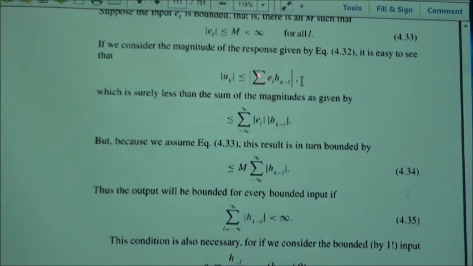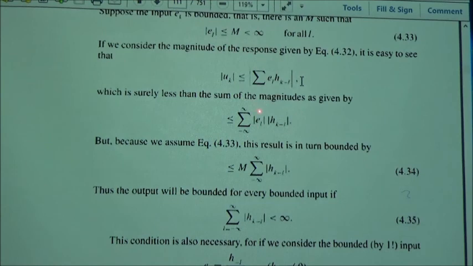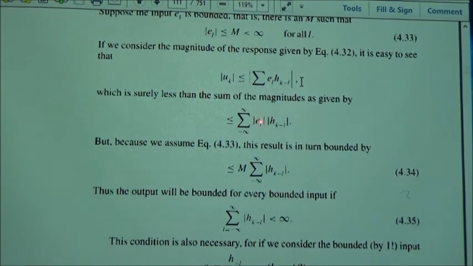And on the right side, we can say it's going to be the sum of the bounded value of the input times the bounded value of the impulse response, or transfer function. And then we already know that E is bounded by M, so we can replace this by M and bring M outside. So that's going to be now the bounded value of the output, U of k.